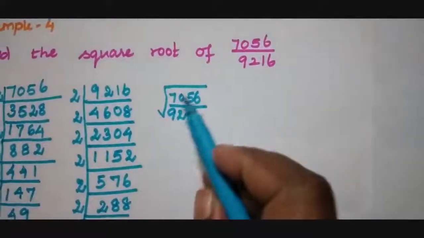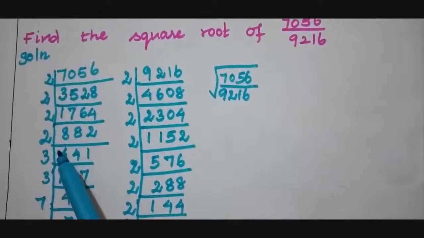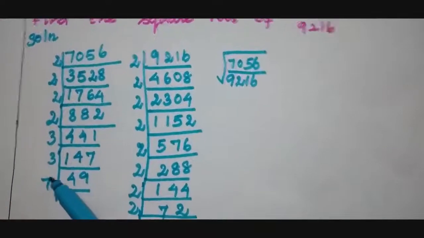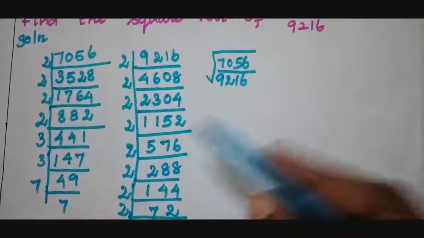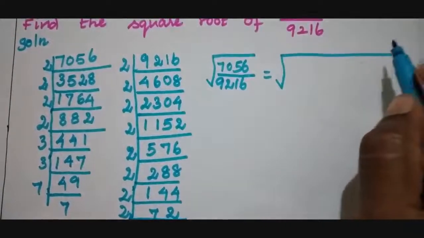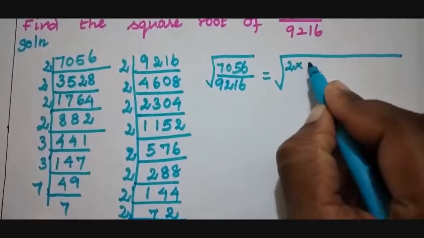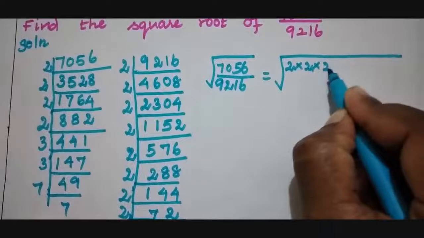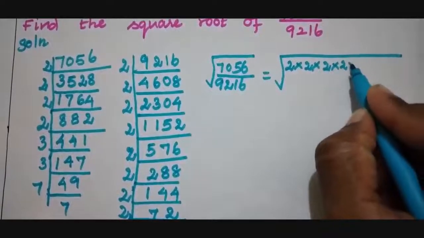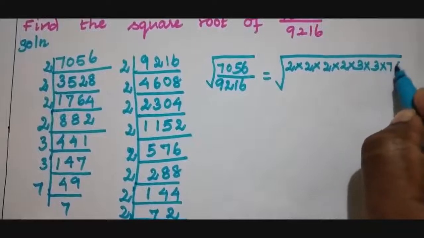Now for the number 7056, 4 times of 2, 2 times of 3 and 2 times of 7. So in the numerator, inside the root we have to write it as 4 times of 2, 2 times of 3 and 2 times of 7.